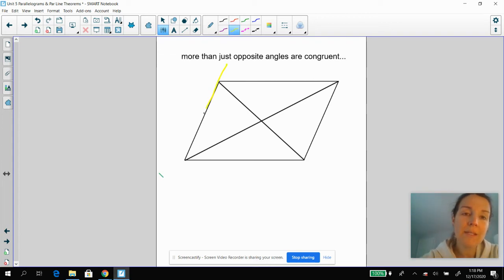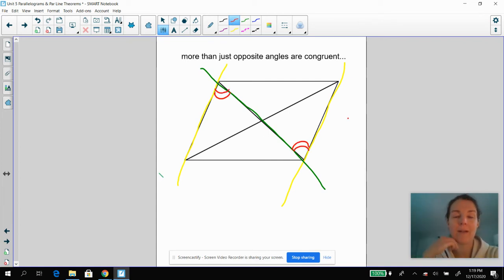If I know this line is parallel to this line, and here's a nice little transversal, I know this angle is congruent to this angle because of AIP. What else do you think is true? Yeah, this angle is congruent to this angle. This angle is congruent to this angle. And this angle is congruent to this angle, all because of AIP.